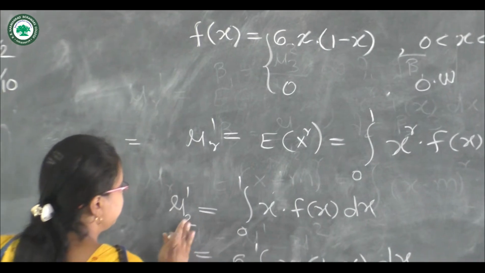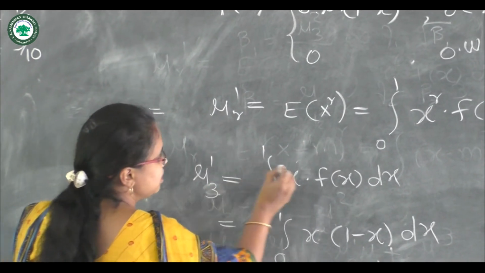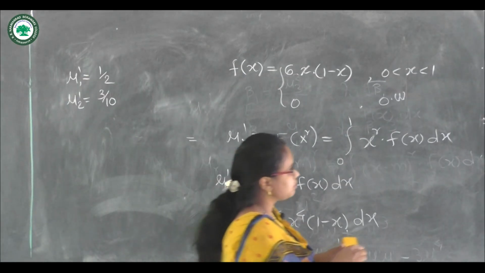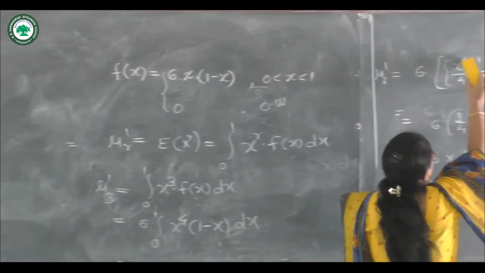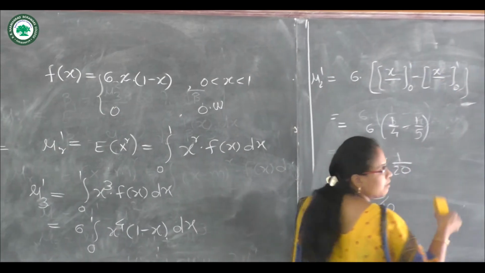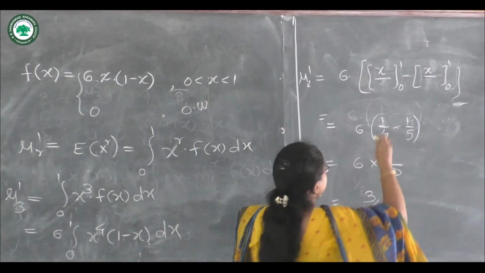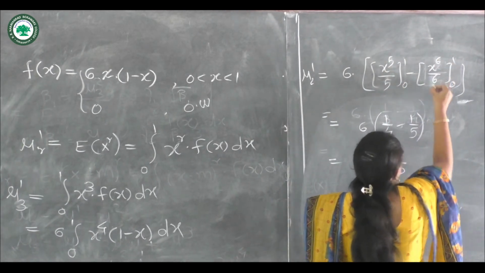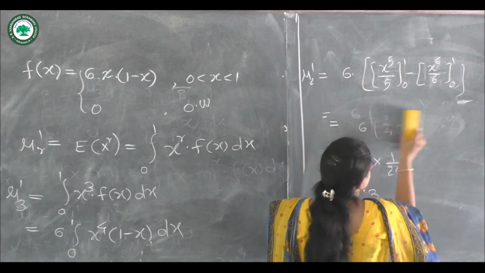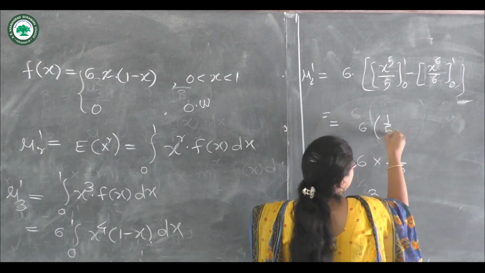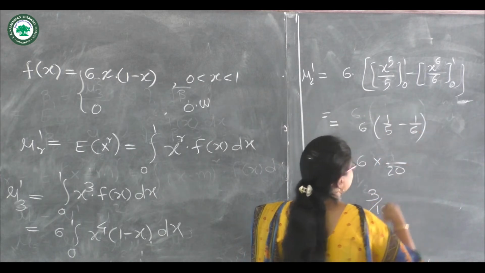So it is mu 3 dash. Here I am just changing the values. It is x raised to 5 upon 5, x raised to 6 upon 6, which is 1 upon 5 minus 1 upon 6.